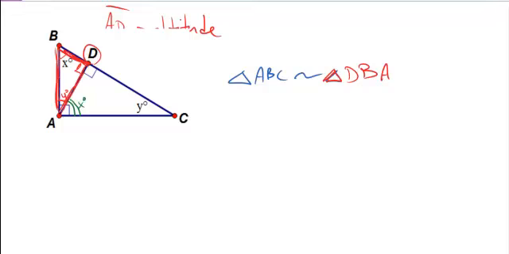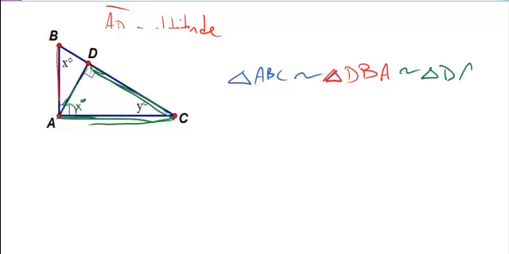Next, let's look at this other triangle here, ADC. I still have angle D where my right angle is, but my X degrees is down here where point A is, and my Y degrees is at point C. So I have these three different similar triangles.